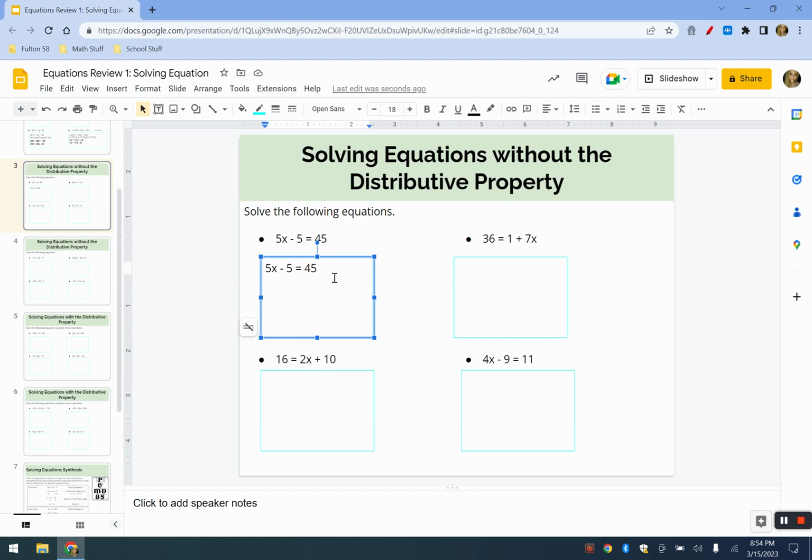And now the next thing we do, when we are solving equations without parentheses, we always get rid of the number without the variable first. So in 5x minus 5 equals 45, we're going to start by getting rid of the minus 5. To get rid of minus 5, we do the opposite, and we are going to add 5 to both sides.